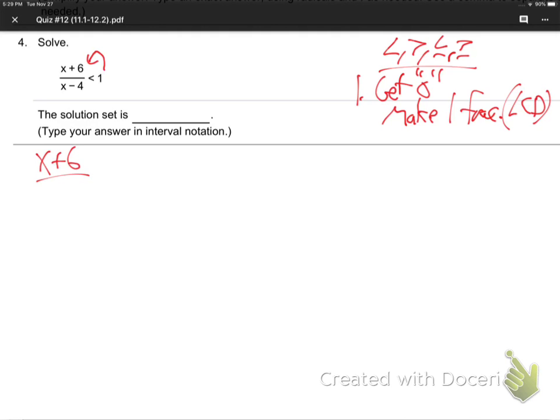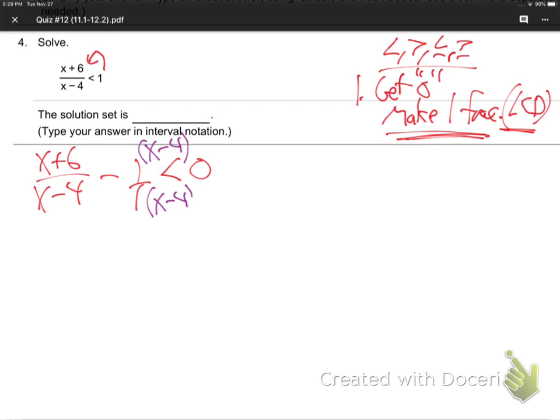So I get x plus 6 over x minus 4 minus 1. So step 1, get a 0 by jumping that 1 to the other side, becomes a -1. And now I've got to make these into one fraction using the LCD. So make this 1 over 1, and to make them become one fraction, you've got to multiply top and bottom by x minus 4 to get a common denominator.